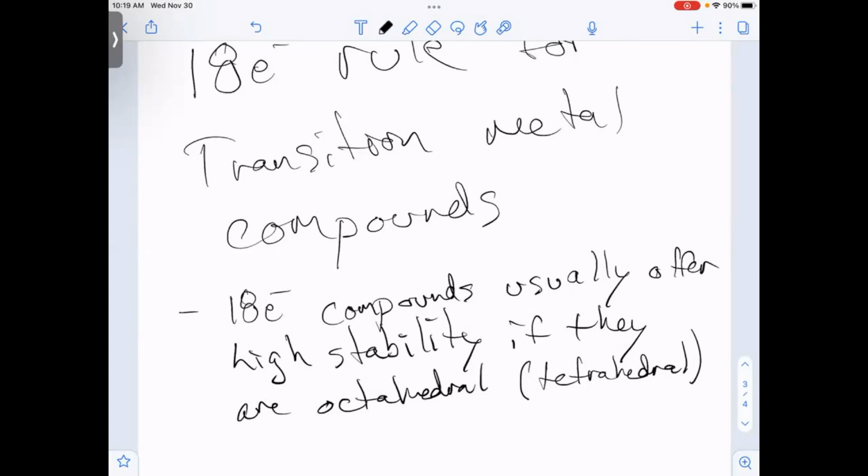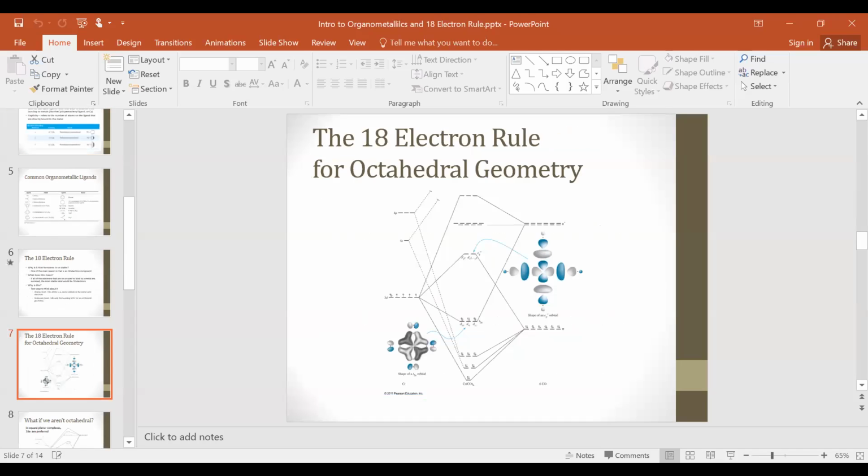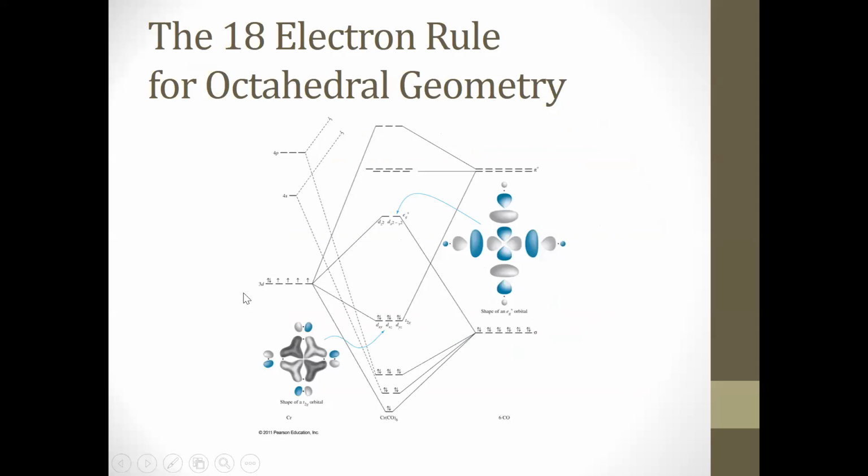So for instance, I'm going to show one of these MO diagrams quick from the past. So if I'm looking at this MO diagram, and it might be a little bit small, here is my frontier orbital, the set of 3, my T set, and then my E set that's up above.